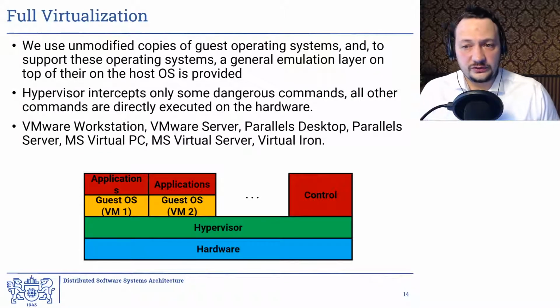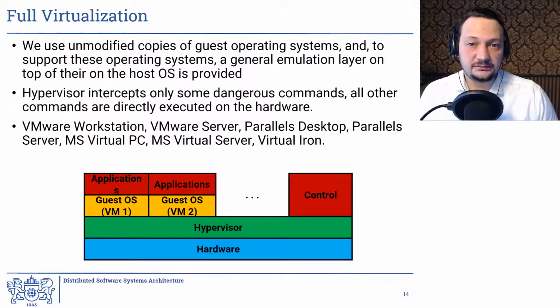The next type of virtualization is called full virtualization. To implement full virtualization, we use unmodified copies of guest operating systems. To support these operating systems, we create a general emulation layer on top of the host OS. The hypervisor intercepts only some very dangerous commands, and all the other commands are directly executed on the hardware.